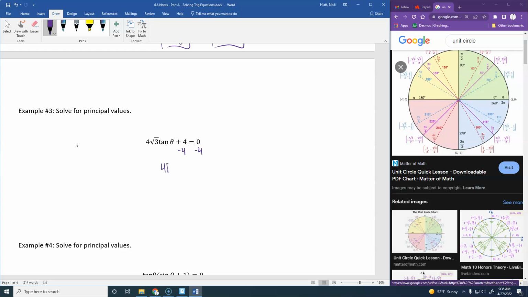So I've got 4 square root of 3 tangent theta equals -4. I'm going to divide both sides by 4 square root of 3. So I'll get tangent of theta equals, the 4's can cancel here, -1 over the square root of 3.